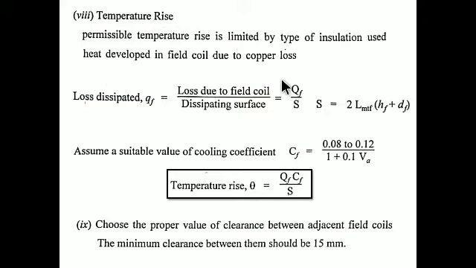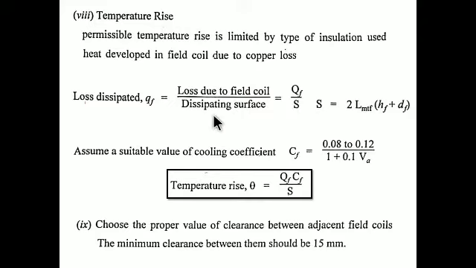So go and handle the copper losses. For the loss dissipation, just see the content. The equation should be declared with small q suffix here, which is the loss dissipation, while capital QF is the loss due to the field coil.